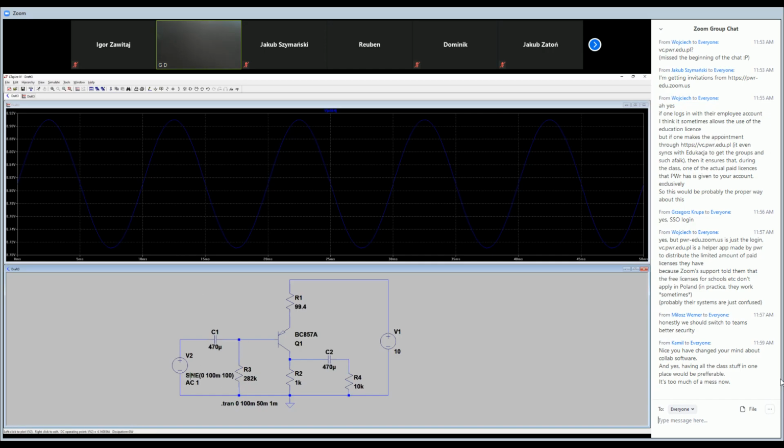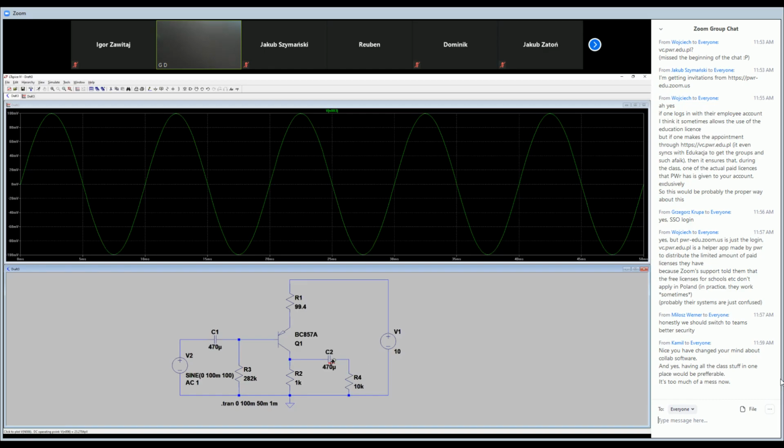If we plug in the input signal, as you see, this voltage changes due to the input signal. So we've got the modulation of the base current. We can check what the current change of the base is. Do you see? It is also a sine wave. Okay. So the input signal is here.